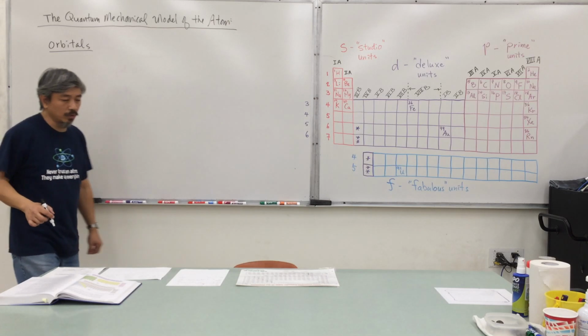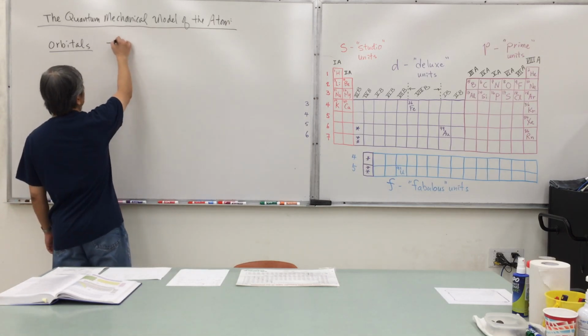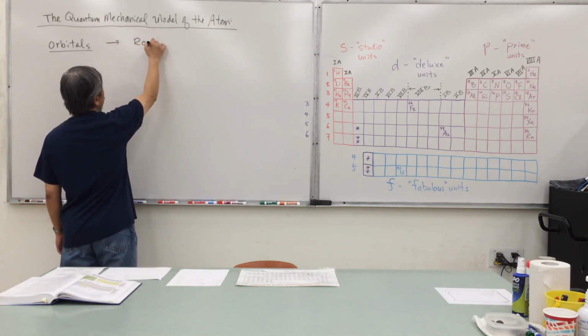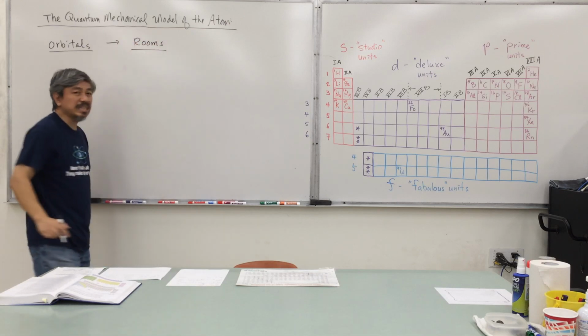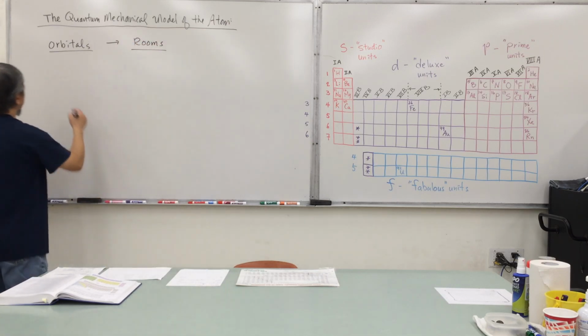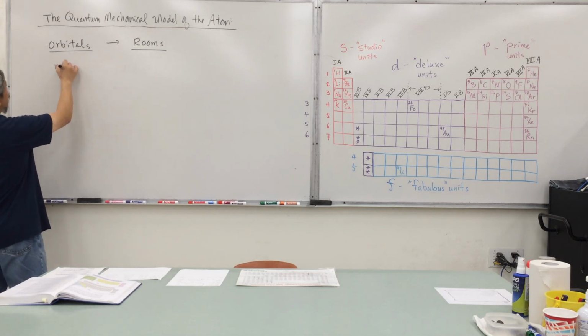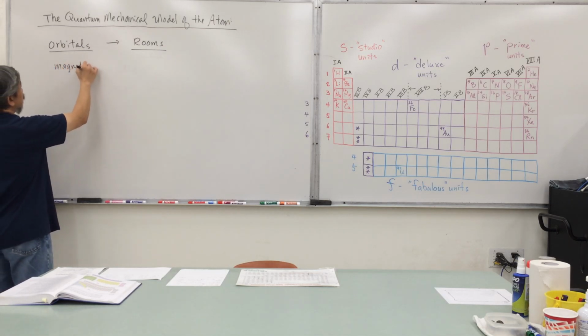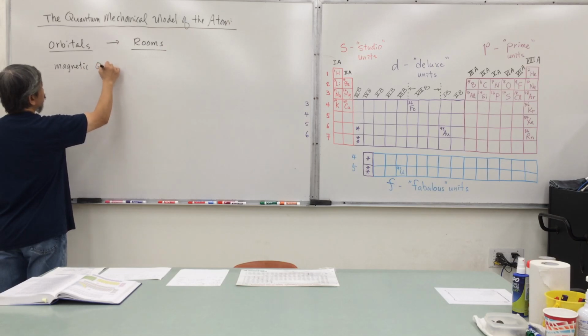So for the orbitals, you can think of these as the rooms that we're going to be assigning a particular occupant to. In this case, there is going to be a quantum number. This is called the magnetic quantum number.